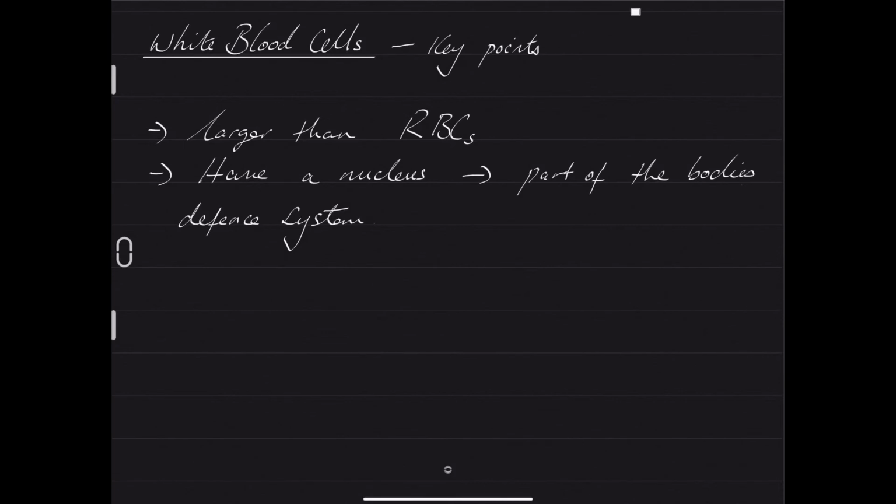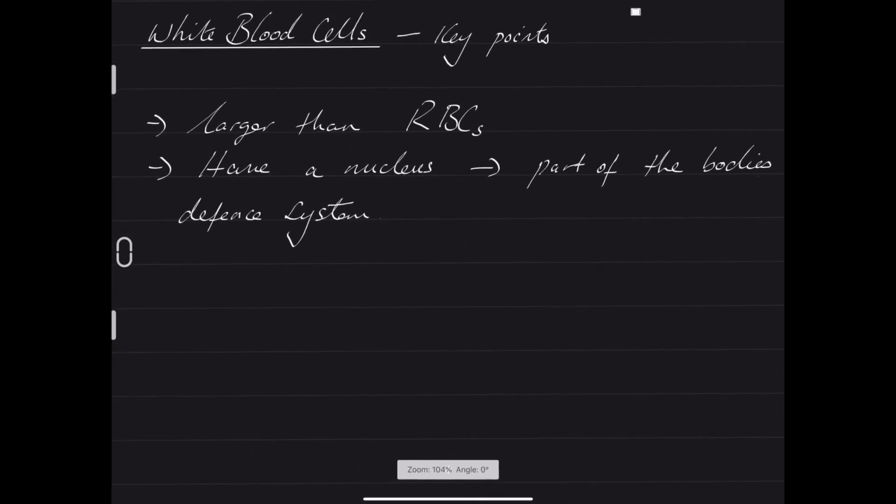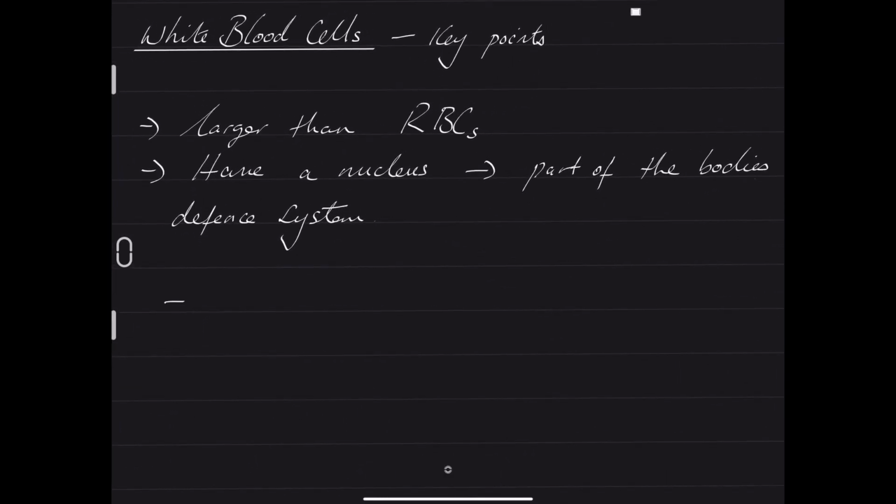And so various white blood cells will have various roles, as we looked at just a few moments ago. So some white blood cells, such as lymphocytes, so let's put a few notes down for the white blood cells here.